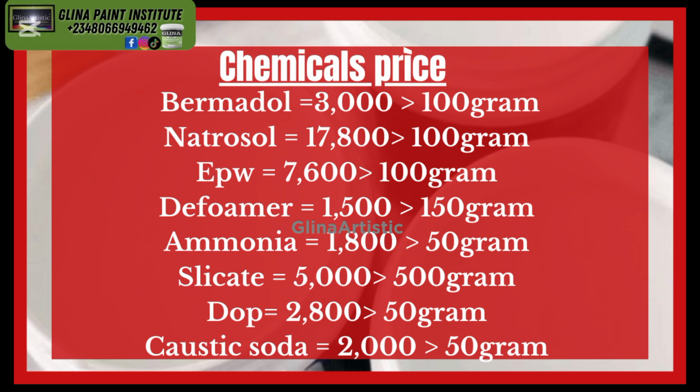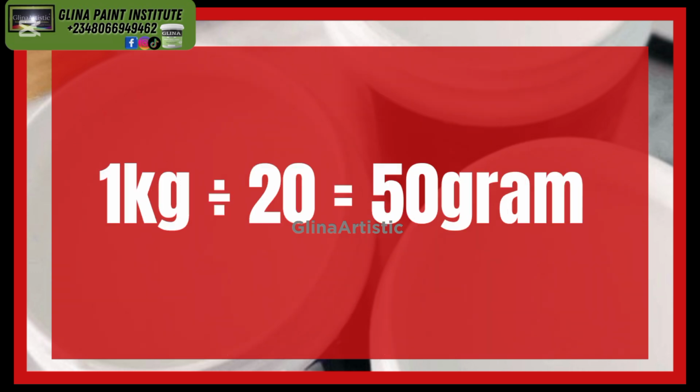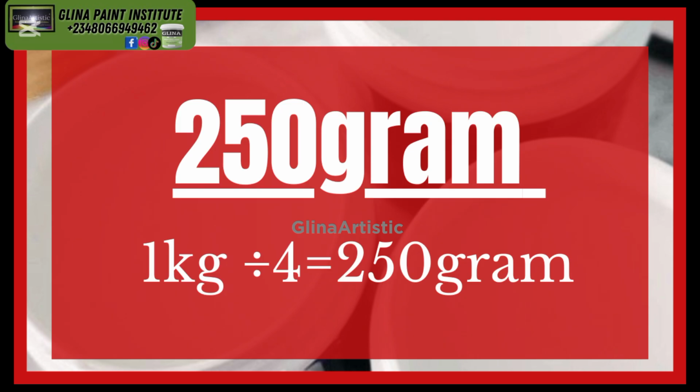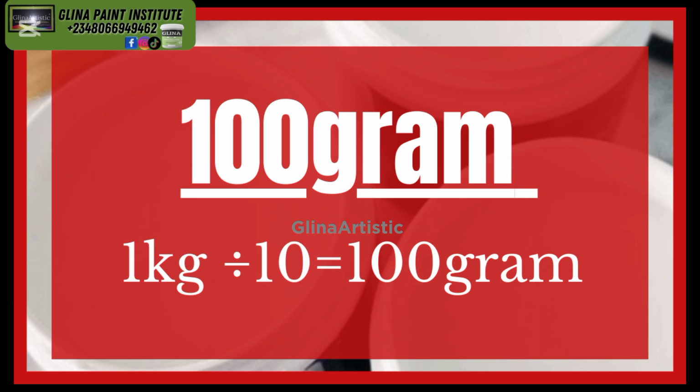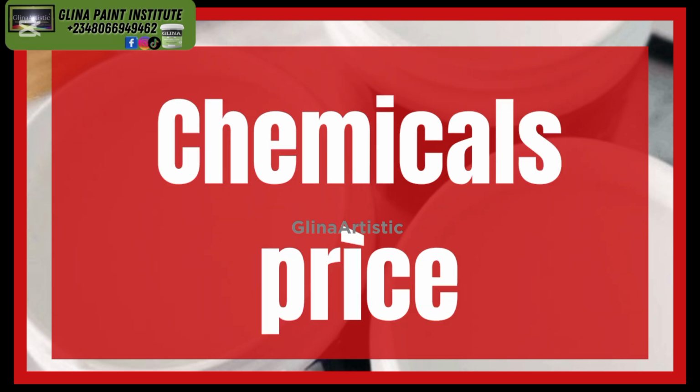When you want to go for 50 gram, you already know that 1 kg divided by 20 is 50 gram. Please write this down. When you want 250 gram, you take 1 kg divided by 4. When you want 100 gram, you take 1 kg divided by 10. So now, based on my own chemical prices at my end, that is what I'm working with.